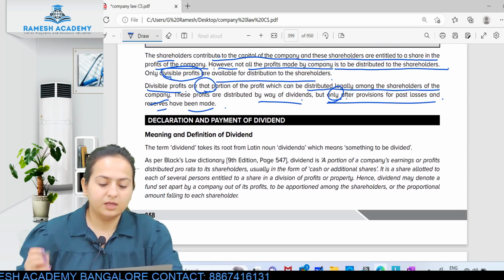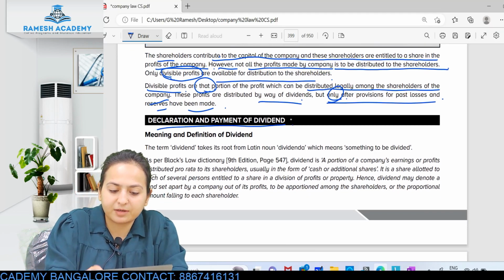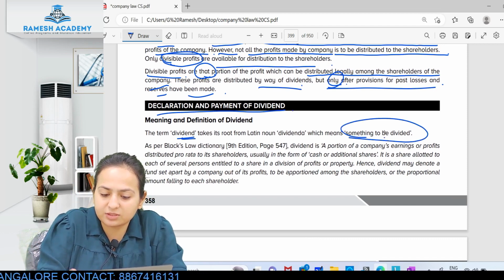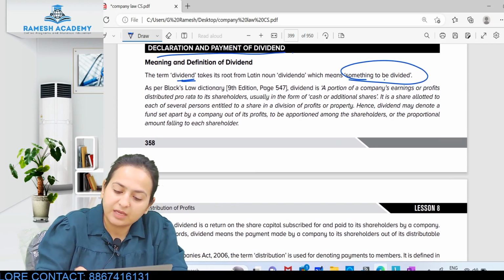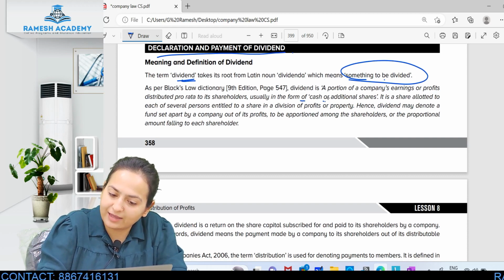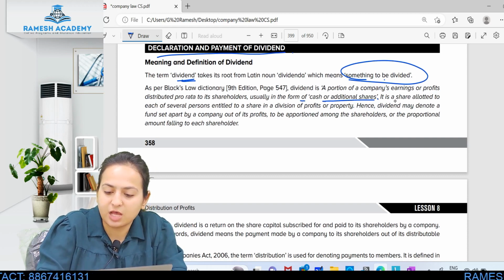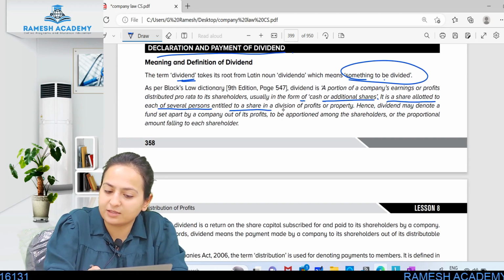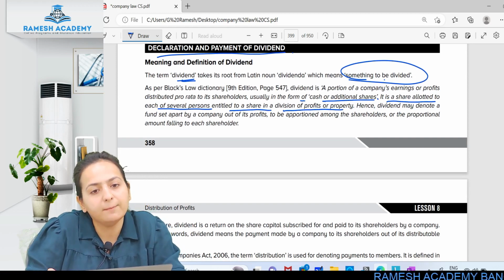Okay. So what is declaration and payment of the dividend? What is a dividend? Dividend means something which is to be divided in the form of what? Cash or additional shares. So it is a share allotted to each person entitled to share in the division of the profits.